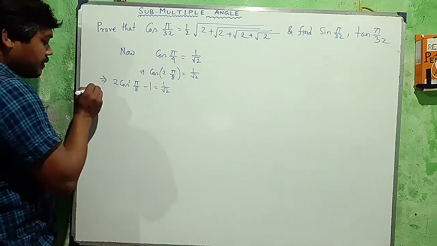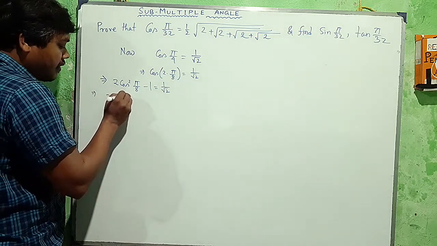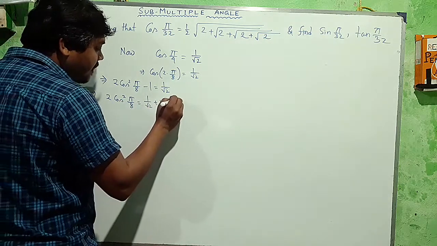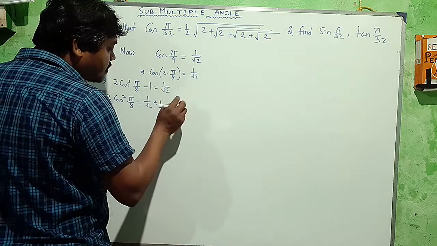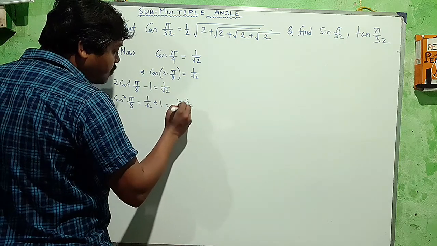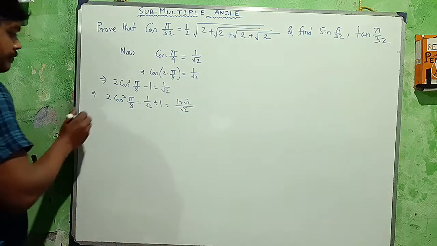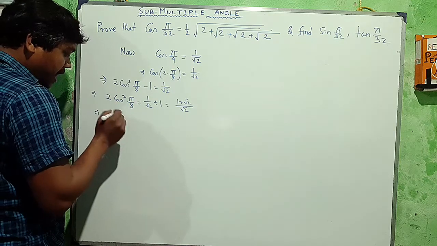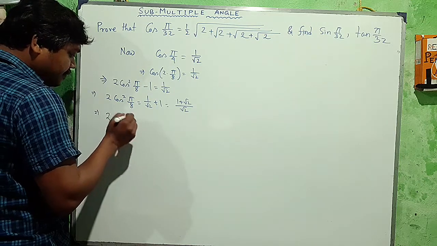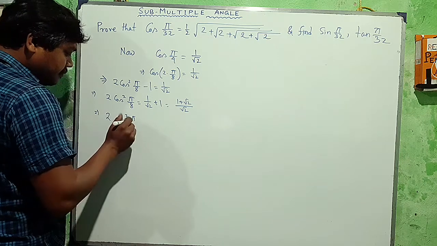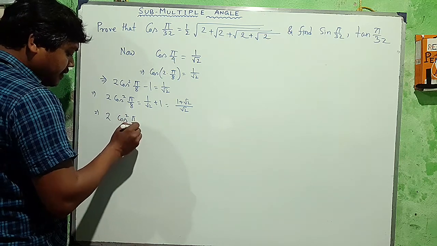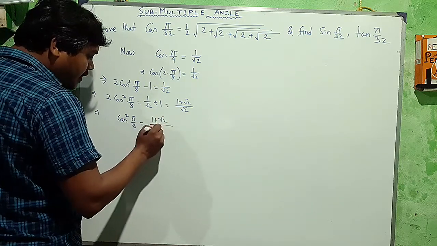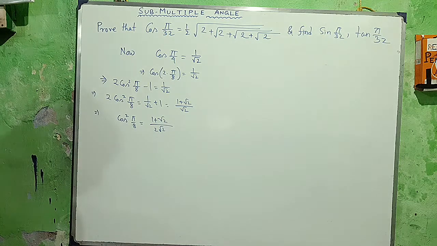Alright? So 2 cos square pi by 8 equals 1 by root 2 plus 1. After some calculation, 1 plus root 2 by root 2, right? So cos square pi by 8 equals 1 plus root 2 by 2 root 2. Alright?